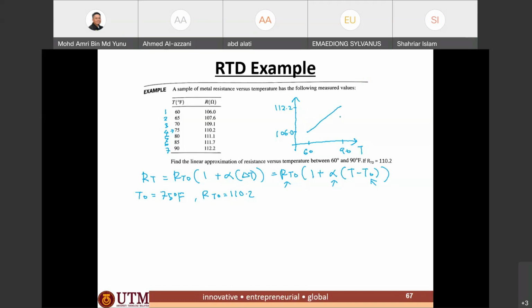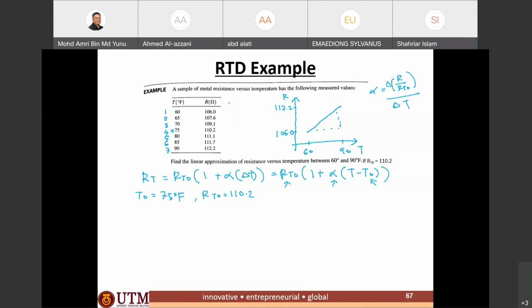So the alpha, remember, is the change in R over RT naught, over delta T. Here is R, so we have to divide this with RT naught, the reference.